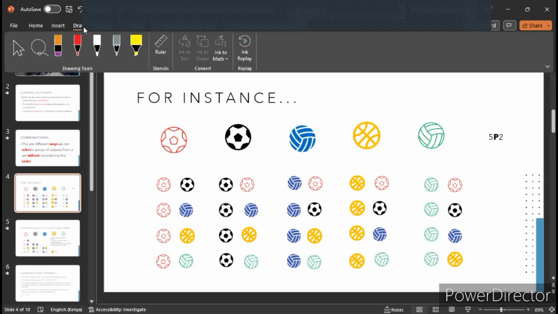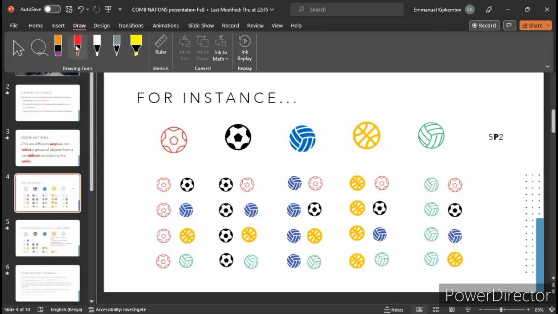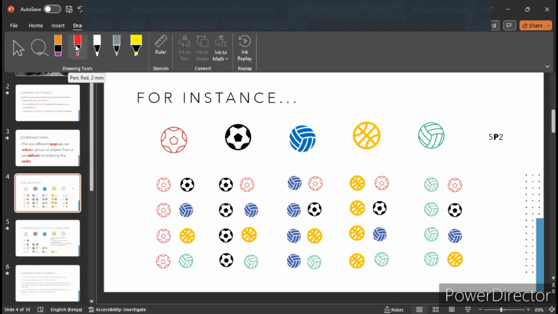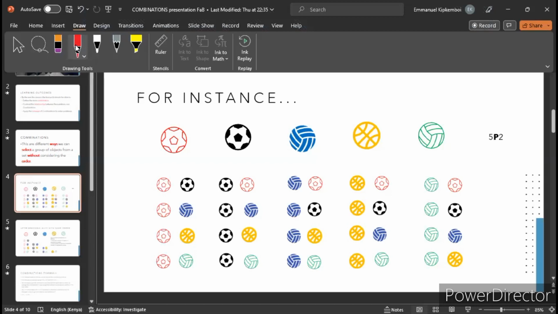We have 5 balls and we have selected 2 balls each from those 5 balls. So you can have 20 permutations. But if we want to find the combinations, the different ways of selecting 2 balls, we will not consider the order.